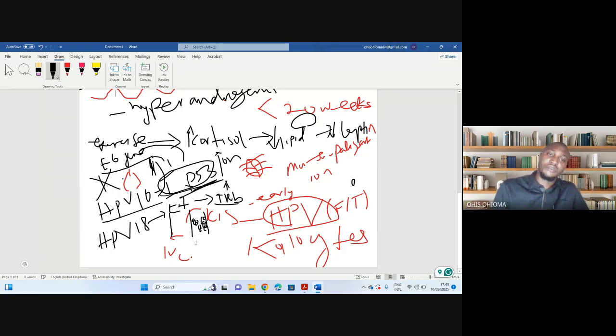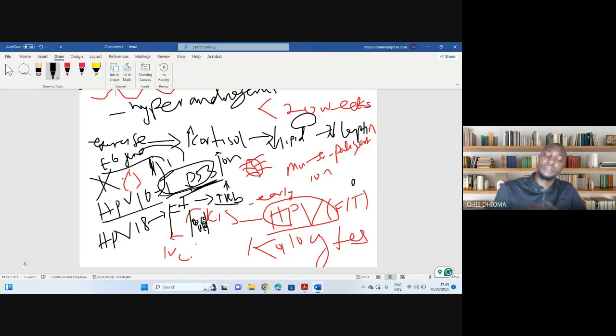The patient will have, if in worst cases, the patient might have, what do you call it now? And usually the bleeding for cervical cancer is after sex. So it's post-coital bleeding in women that are usually greater than 65 or 60 years.